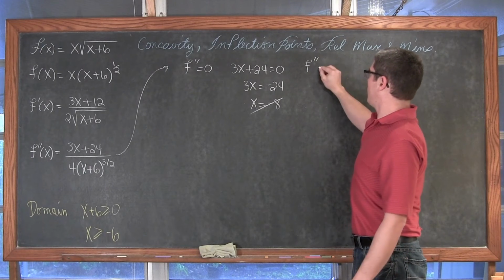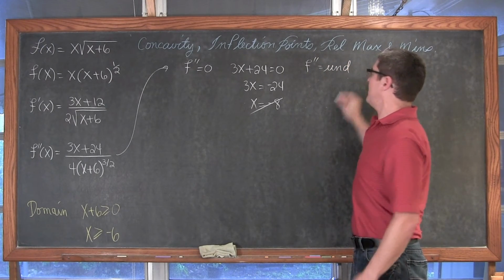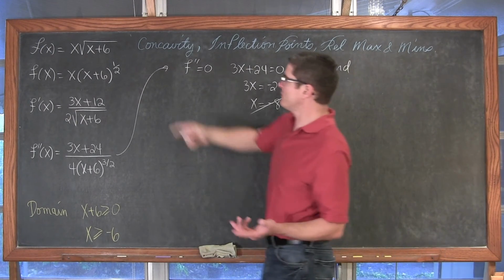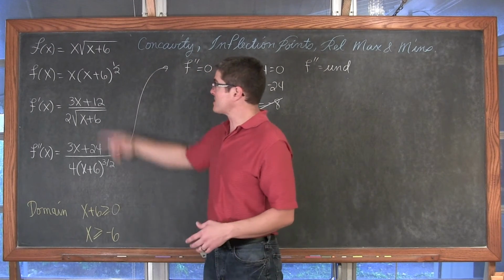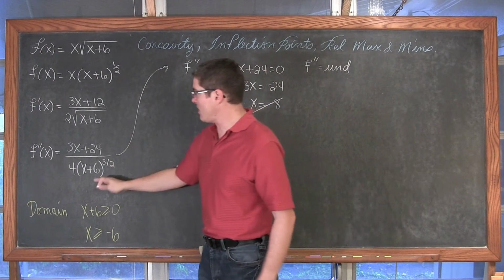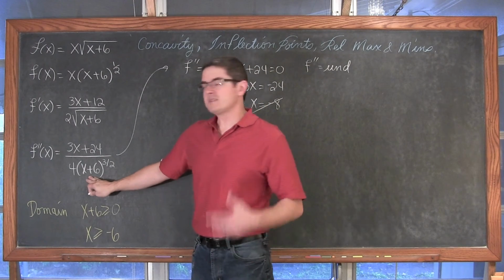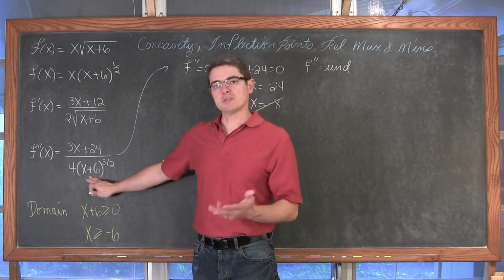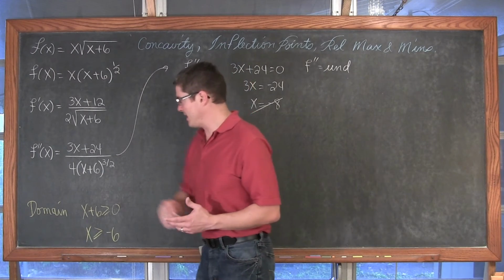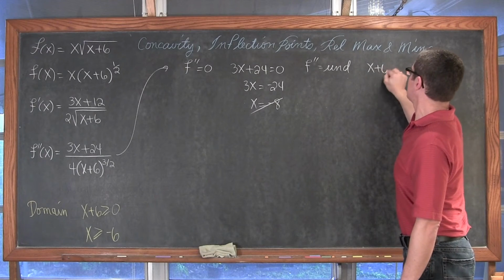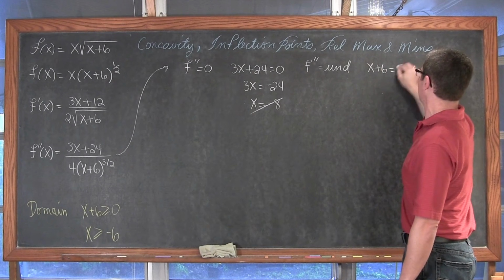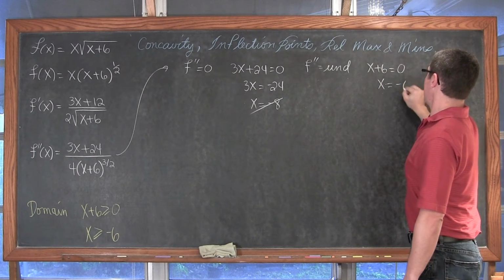Our second derivative, well, where is it undefined? The original function, other than just domain of negative 6 to infinity, doesn't have any other issues with domain, but now our second derivative has a variable in the denominator. So what's going to make that undefined? Well, that is going to be where x plus 6 is equal to 0, and x therefore is equal to negative 6.